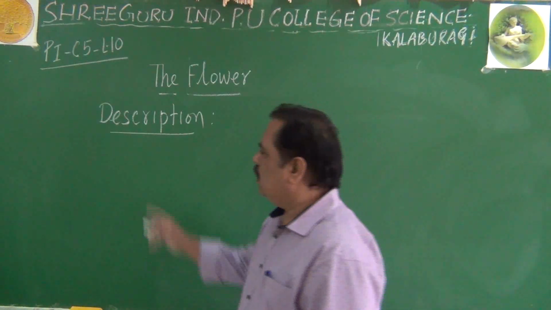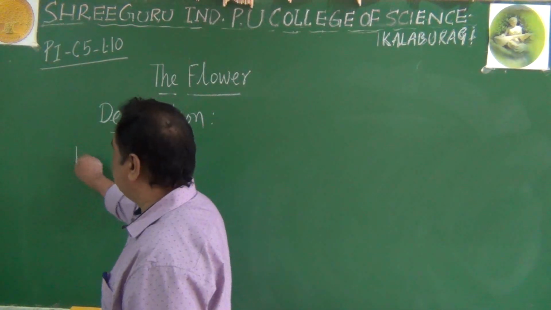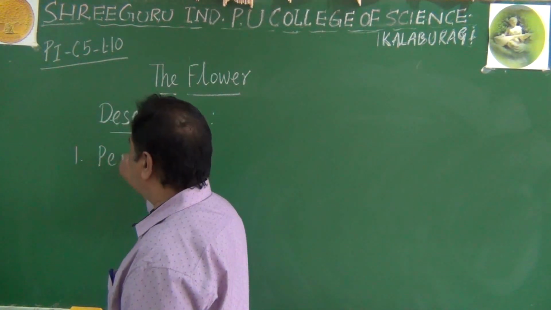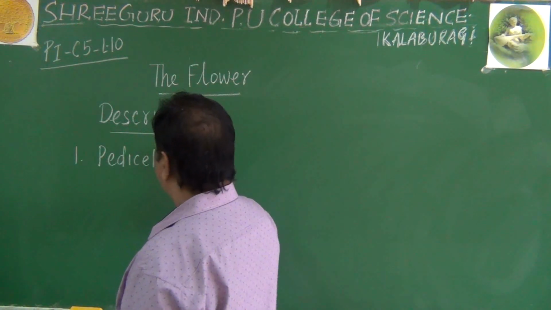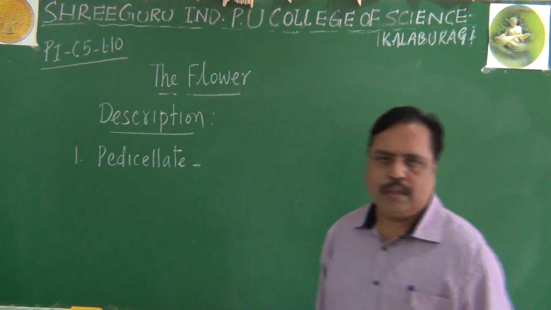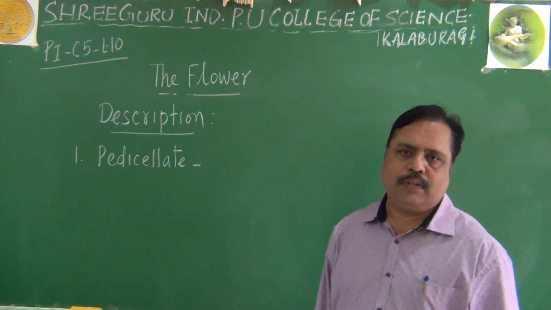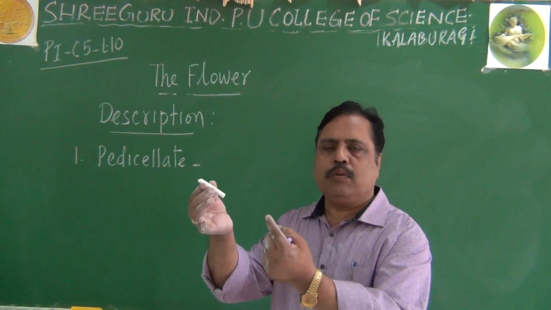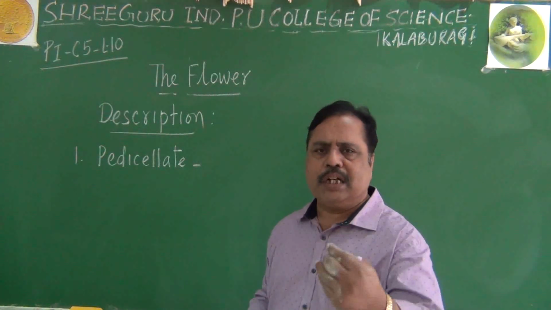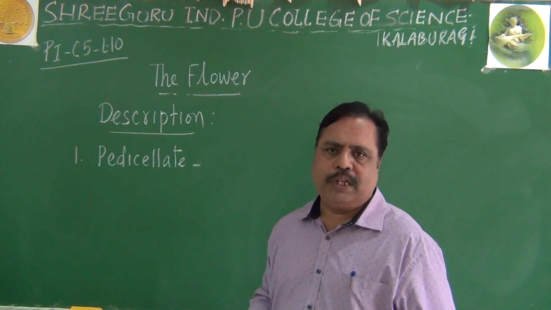Listen to me. A flower is said to be a pedicellate flower if it has got pedicel in it. What is pedicel? Stalk of the flower. So in some plants, or in majority of the plants, flowers will have pedicel.